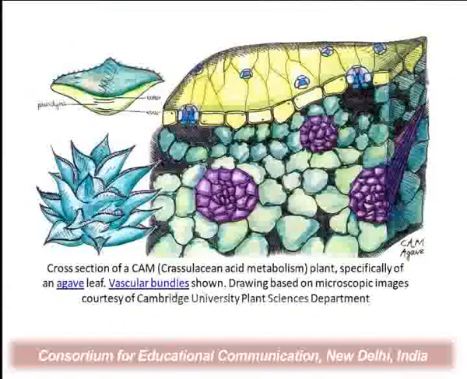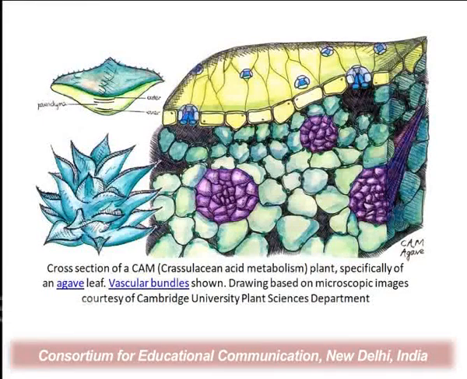If one looks at a cross section of a CAM plant, one finds a very thick cuticle, sunken stomata, and vascular bundles that are quite compact and not as luxuriantly occurring in space as in C3 plant anatomy. So everything seems to be a bit stressful.